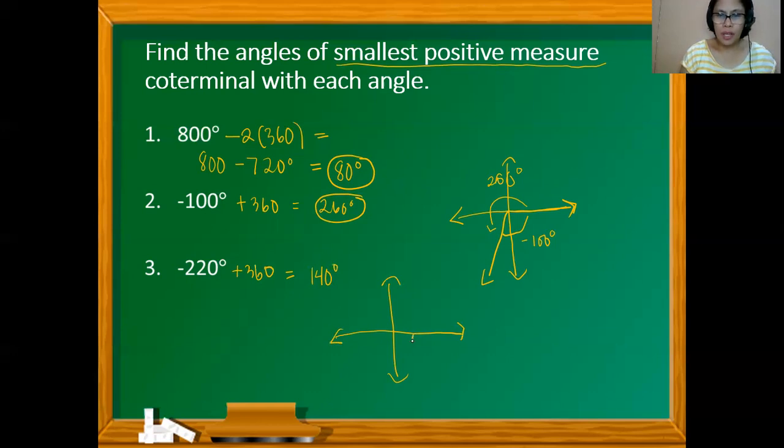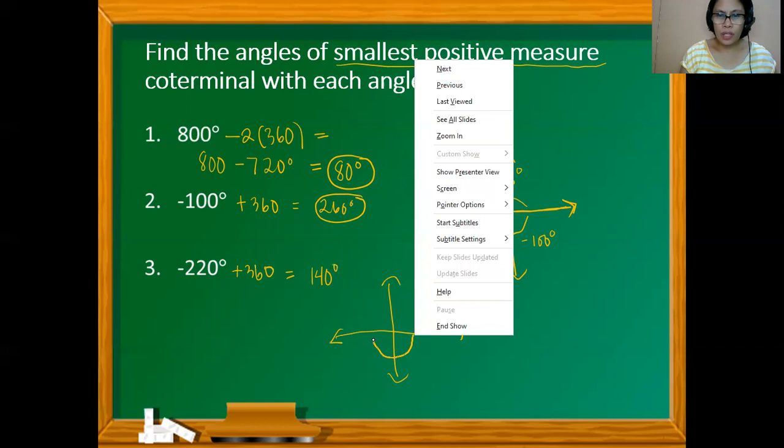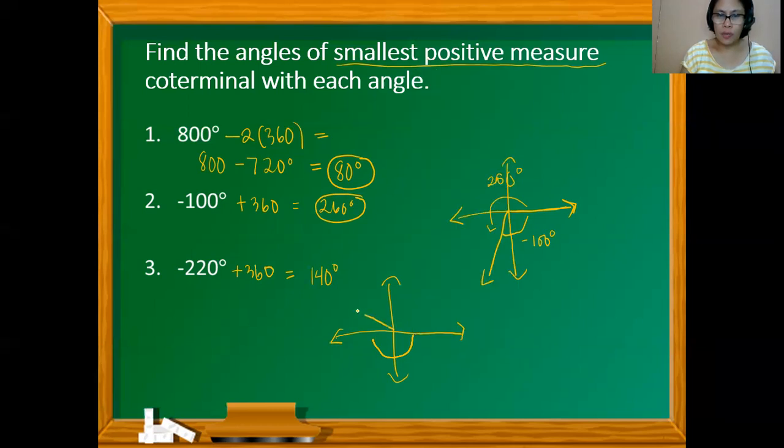From here until here is 180, but it's 220, so 40 more degrees. So most probably, this is the terminal side. Going from here to here is negative 220, and positive 140 goes from this initial side until this one. So this is positive 140.